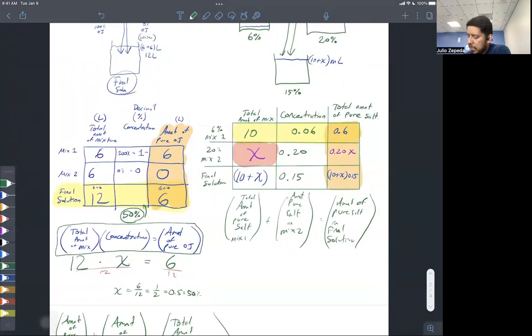Okay, and so we have expressions for all of these quantities. This is 0.6. This is 0.20x. And this is 10 plus x times 0.15.